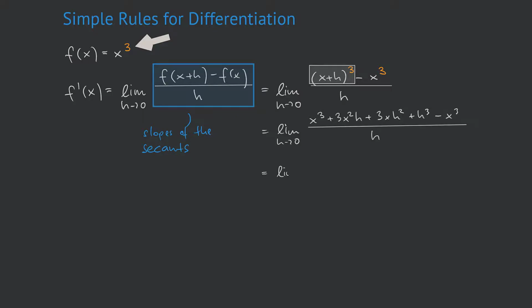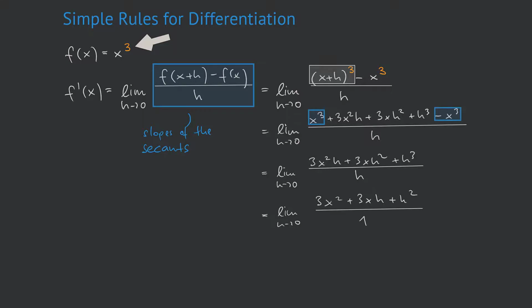And now we proceed very similarly as before, lim h to 0, and we see that those two cancel out, which is why we have 3x squared h plus 3xh squared plus h to the third power over h. And now again we reduce by h. Lim h to 0, 3x squared plus 3xh plus h squared over 1.